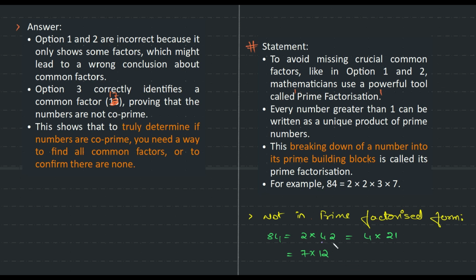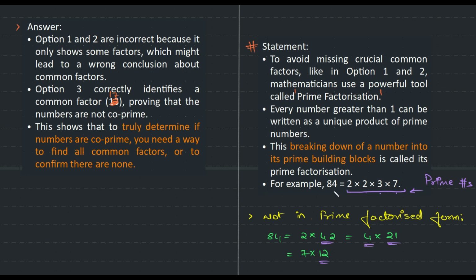Why? Because 42 is not a prime number, 21 is not a prime number, 12 is not a prime number, even 4 is not a prime number. But 84 being written as 2 into 2 into 3 into 7, wherein all of these numbers are prime numbers, makes it a prime factorized form.